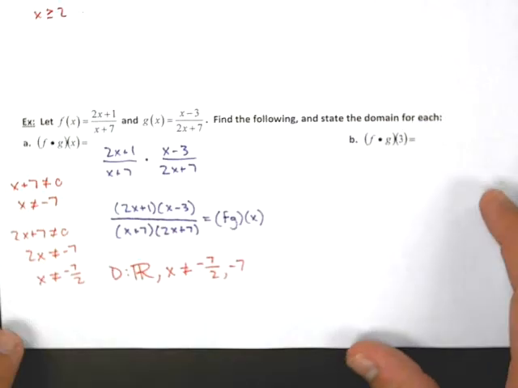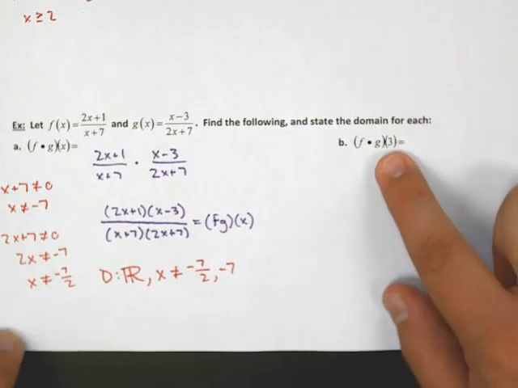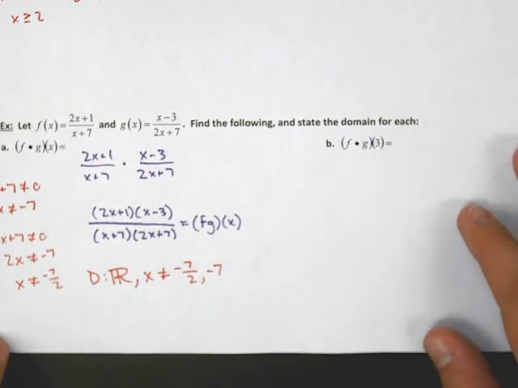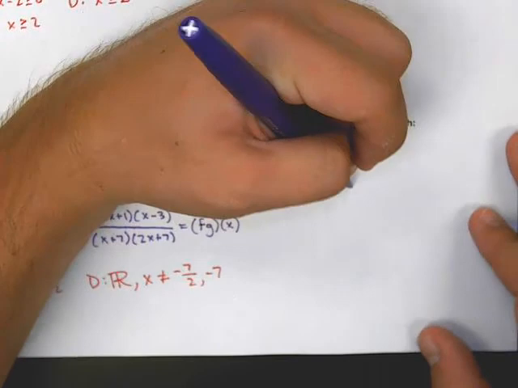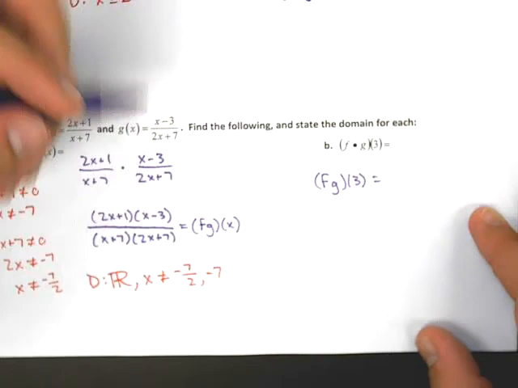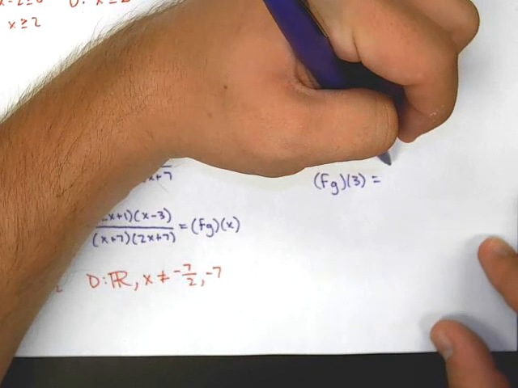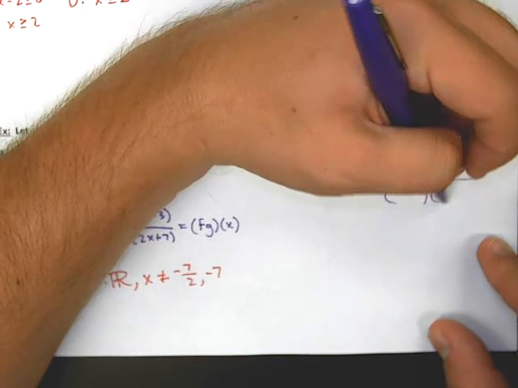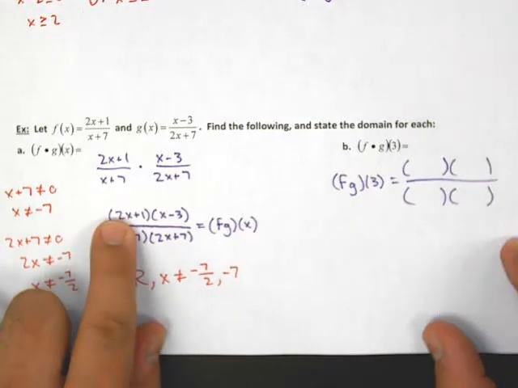So, once again, we take a look. Is 3 within the domain? It sure is, so we could just plug it in. fg of 3 equals, and I just plug 3 in everywhere. Actually, how about this? I'm going to leave places and we're just going to plug 3 in here kind of in our head.